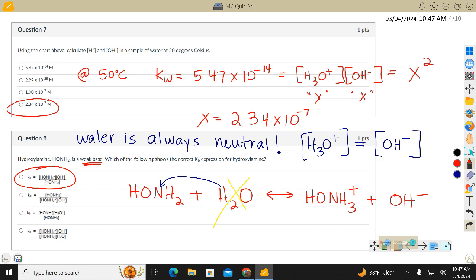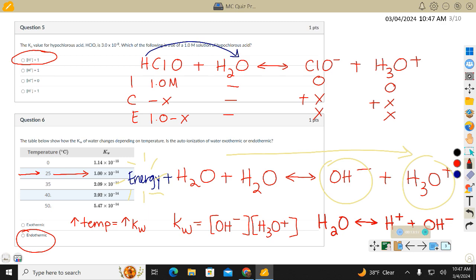Number 7, using the chart above, calculate the hydrogen and hydroxide concentrations in a sample of water at 50 degrees. So I looked on my chart to find the K value. At 50 degrees, the K value is 5.47 times 10 to the negative 14.